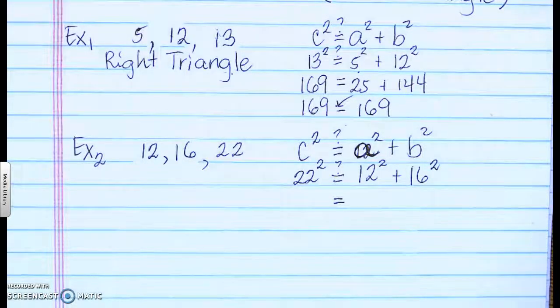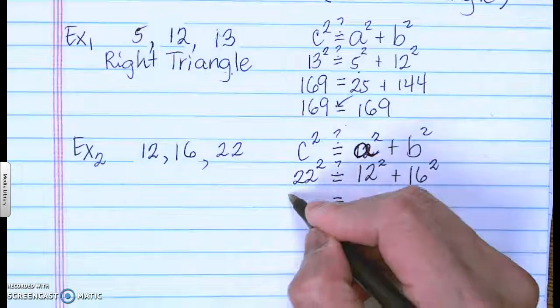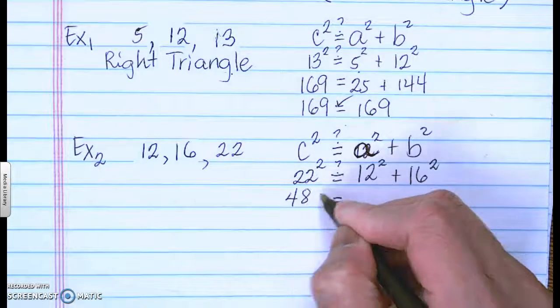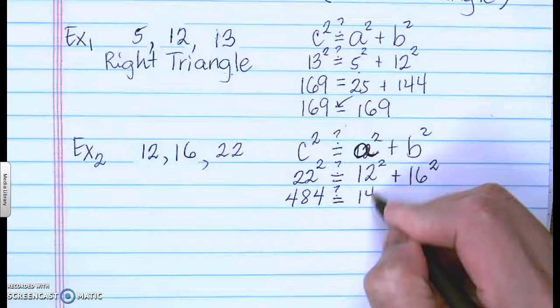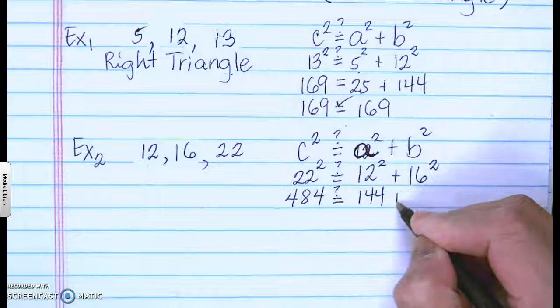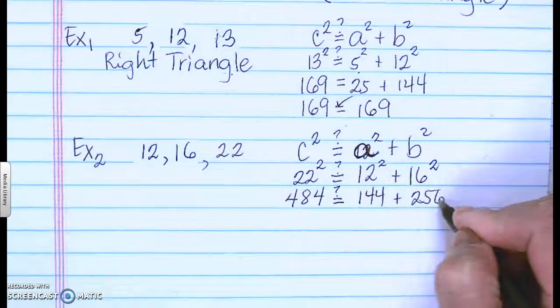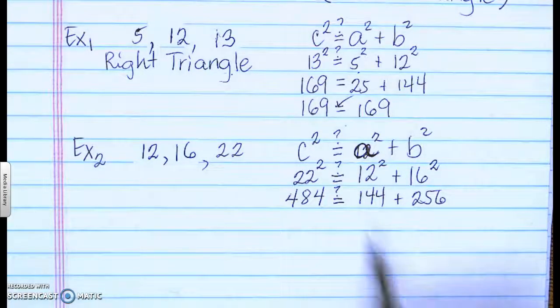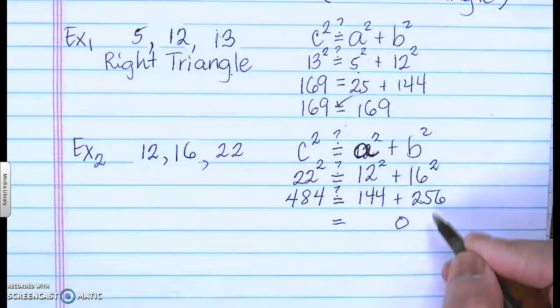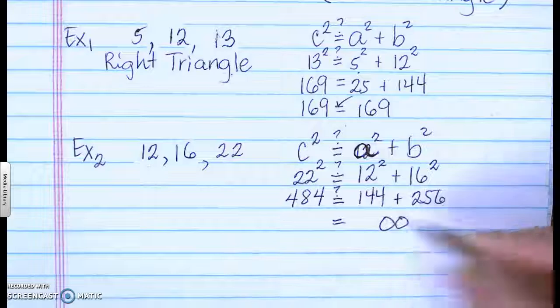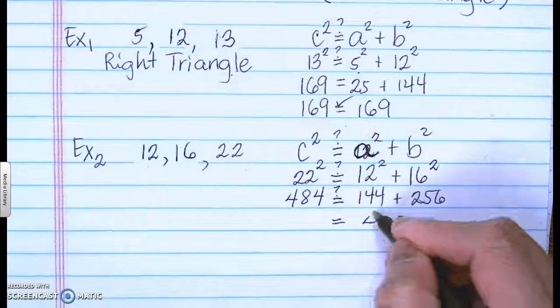Okay, based off of our calculations, 22 squared is going to give us 484. Again, question mark. This is 144, and this is 256. 256 plus 144 gives us 400.